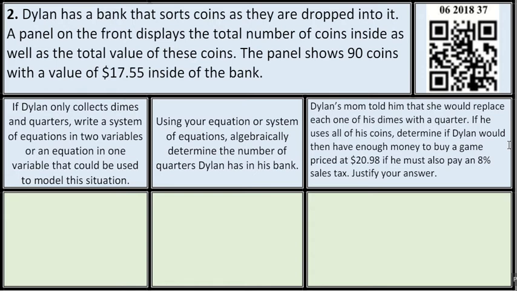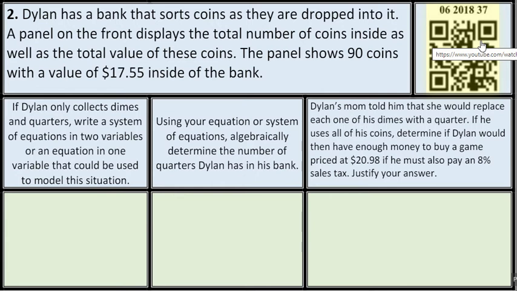The panel shows 90 coins with a value of $17.55 inside the bank. So Dylan only collects dimes and quarters. Write a system of equations in 2 variables, or an equation in 1 variable that could be used to model this situation. They give you the choice.